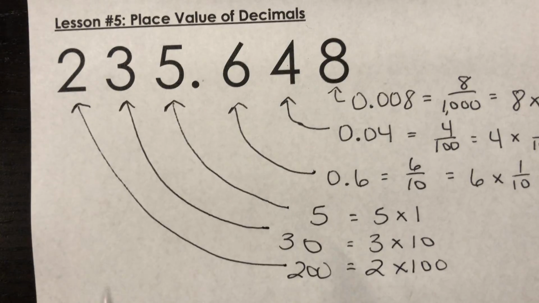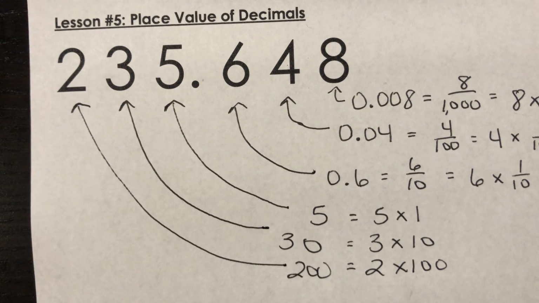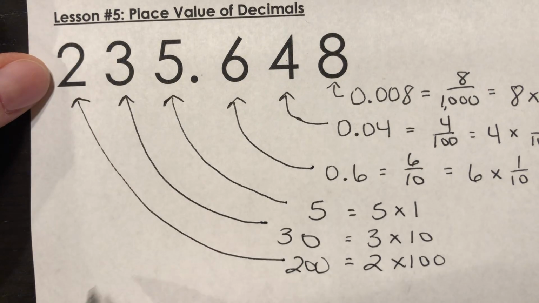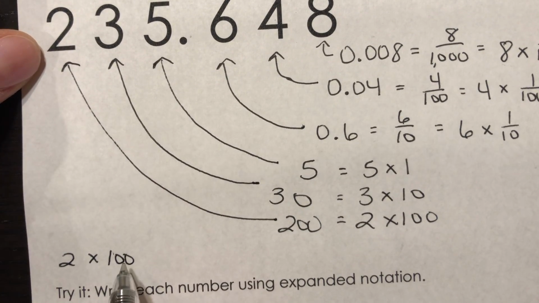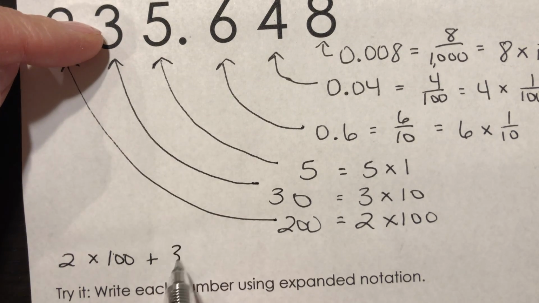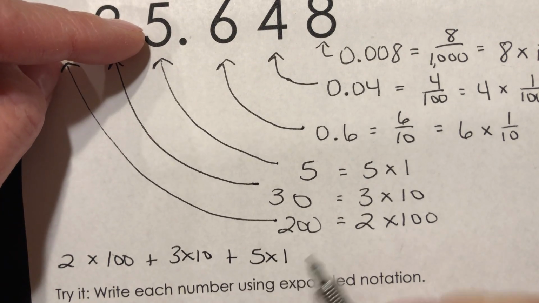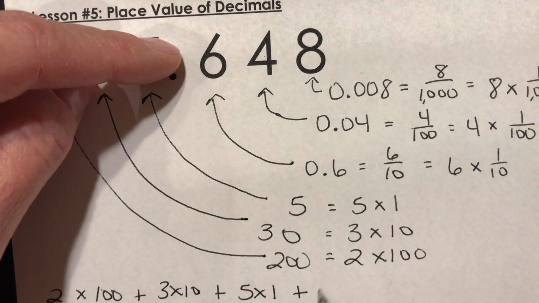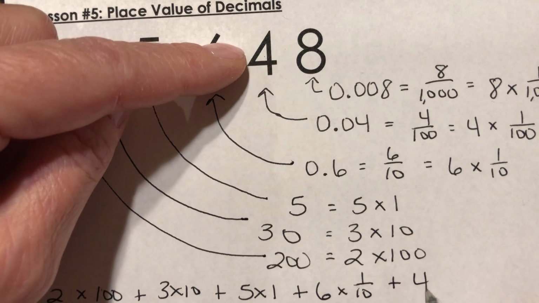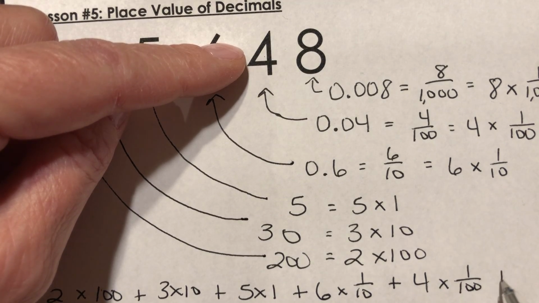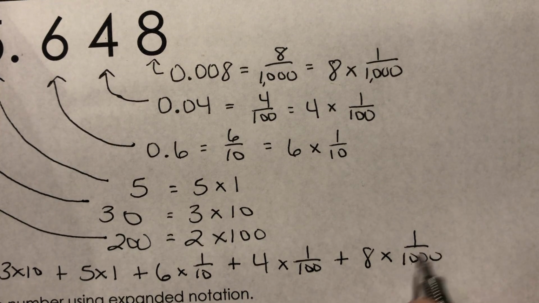So if I said to express 235 and 648 thousandths using expanded notation, you would say 2 times 100 plus 3 times 10 plus 5 times 1 plus 6 times 1/10 plus 4 times 1/100th plus 8 times 1/1,000th.